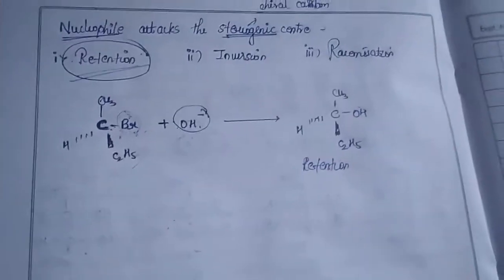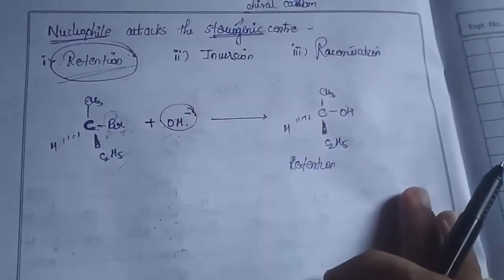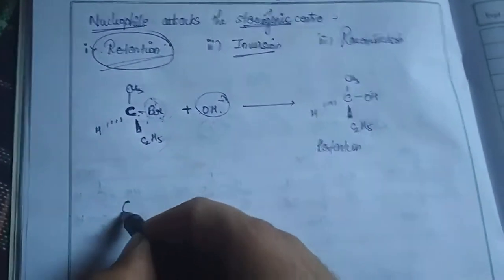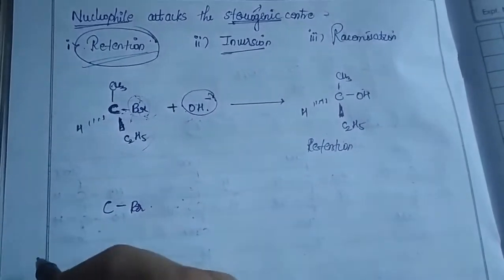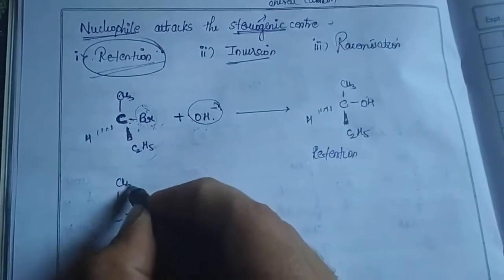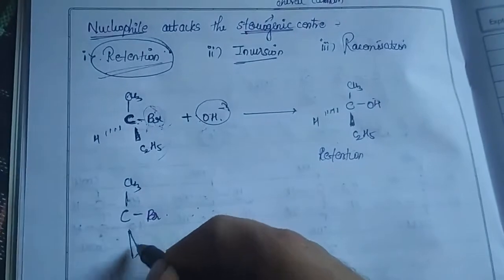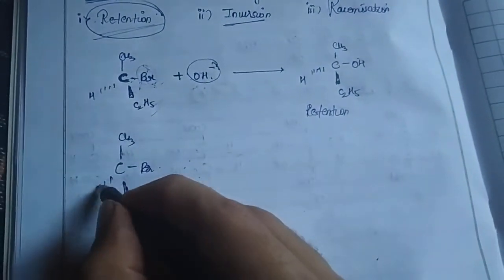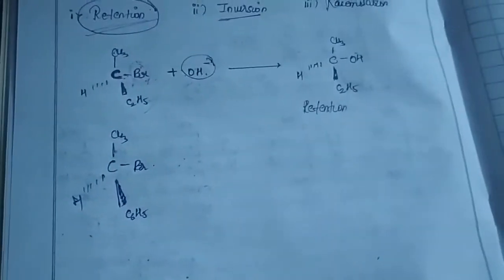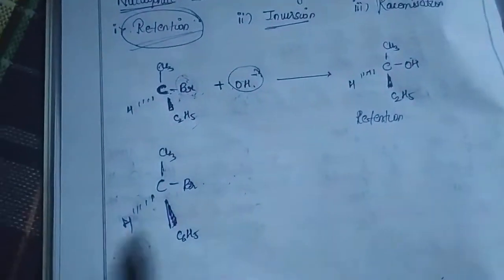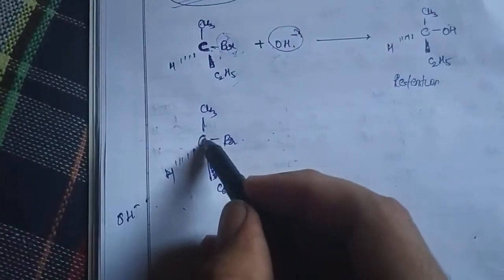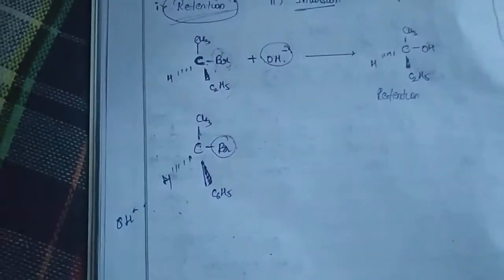Now if I take an example for inversion, let me explain it this way. Let me take C with Br, CH3, C6H5, and over here H. Here, your nucleophile is going to attack the stereogenic center from the opposite side of the leaving group.